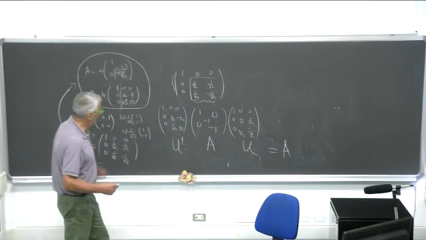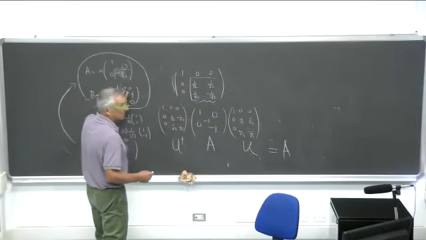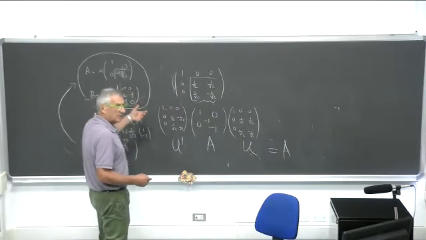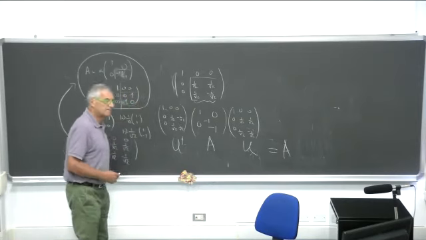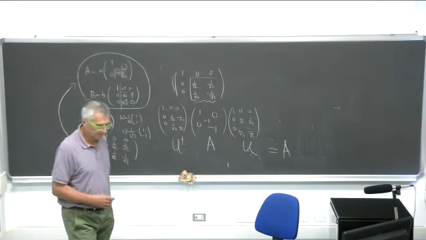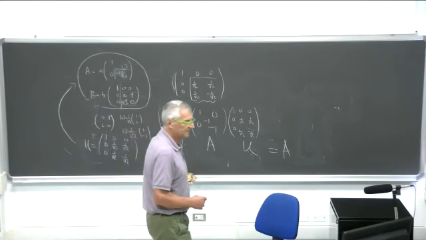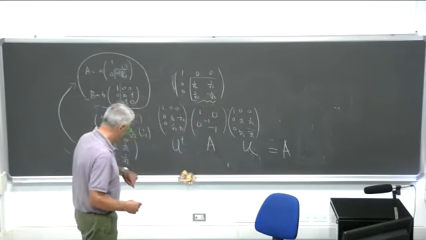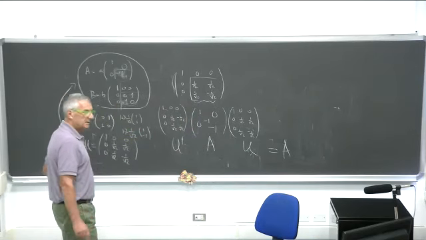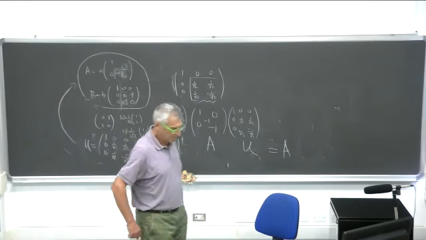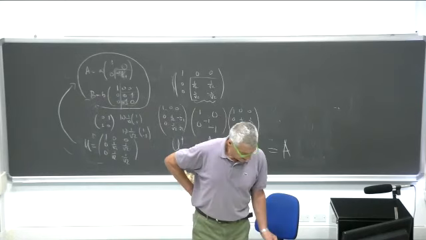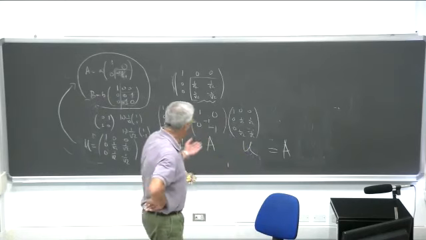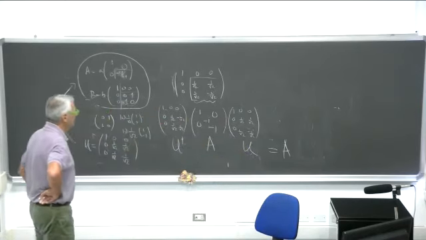The only thing that U does is to change B, to make it diagonal. This can be checked by explicit calculation.